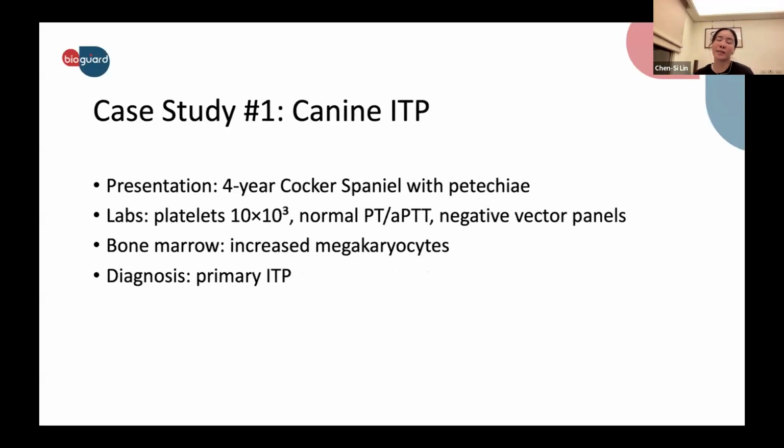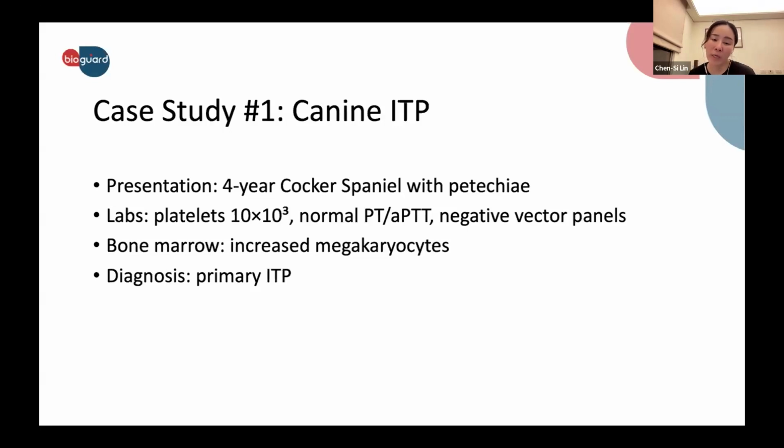So we will show some cases of dogs suffering from ITP. This case is a 4-year-old Cocker Spaniel presenting with petechiae and a platelet count of around 10 or 12 times 10 to the third power.